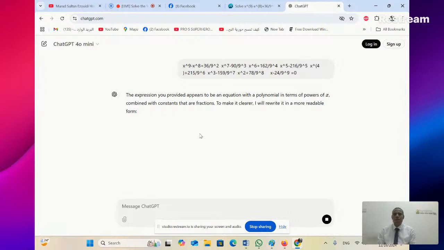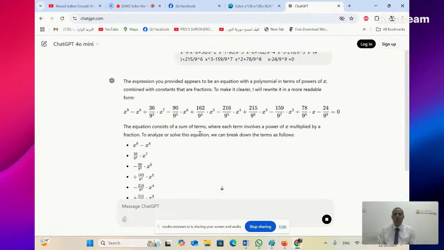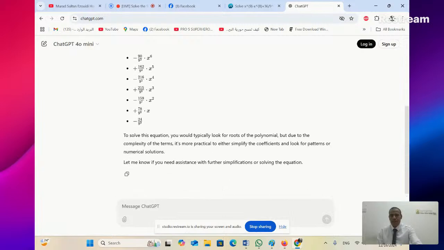The expression you provided seems to be an equation in terms of x, combine it. After that, it stopped solving this equation. You would typically look for roots of the polynomial, but due to the complexity of terms, it's more practical to either simplify the equation or look for patterns. So he can do this one.